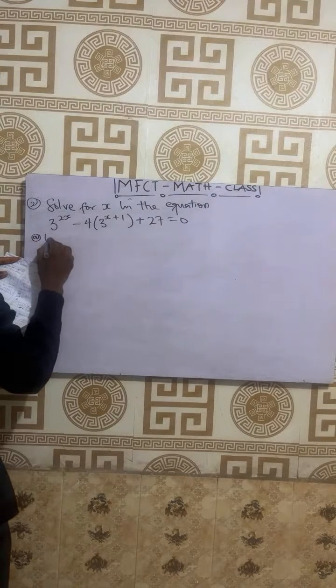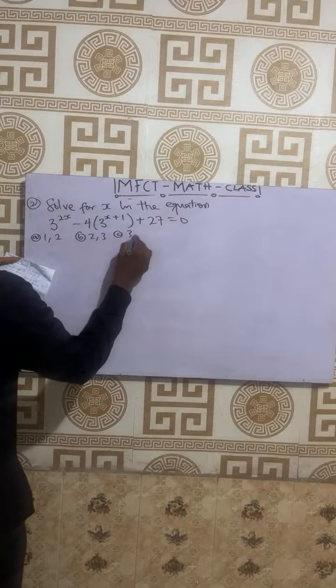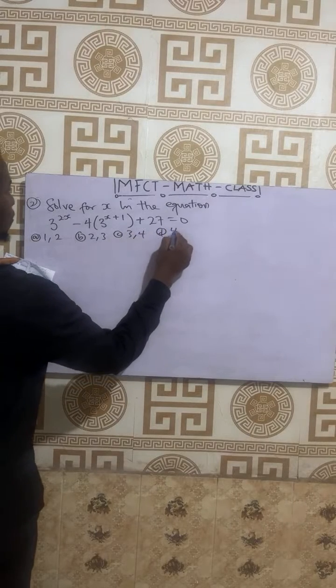Option A, 1, 2. Option B, 2, 3. Option C, 3, 4. Option D, 4, 5.